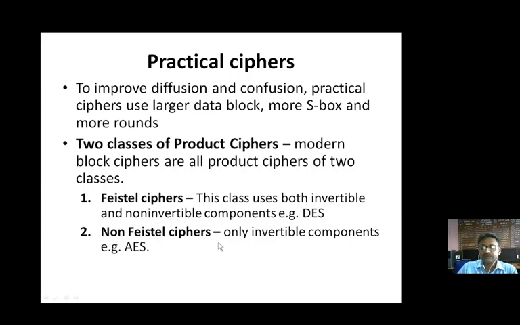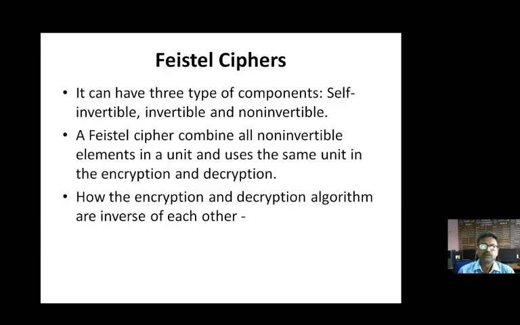And non-Feistel cipher is the other one. Non-Feistel ciphers contain only invertible components, and the Advanced Encryption Standard is the algorithm which is based on a non-Feistel cipher. So let us discuss the Feistel cipher first. In the Feistel cipher, as I told you, it has invertible elements, self-invertible elements, as well as non-invertible components.